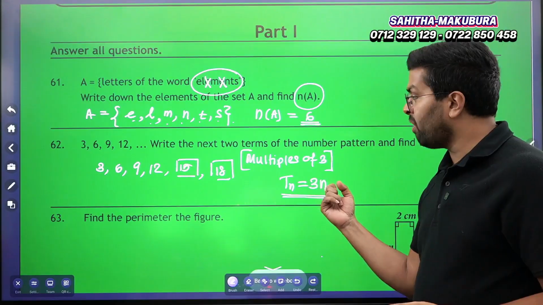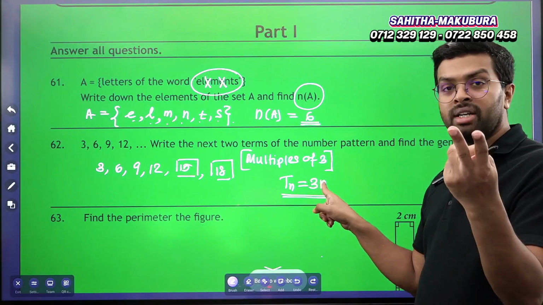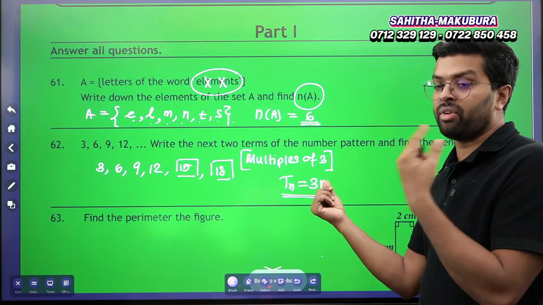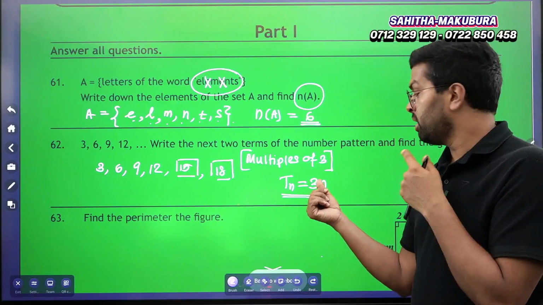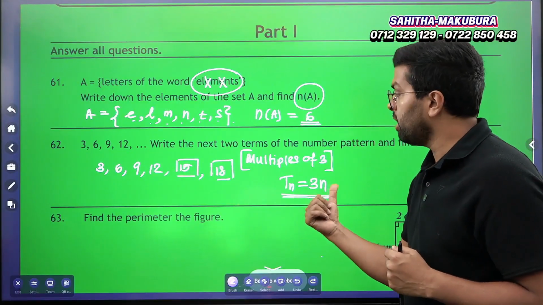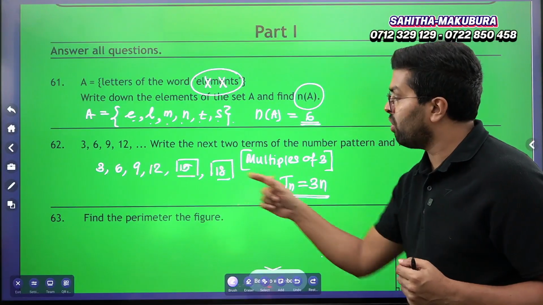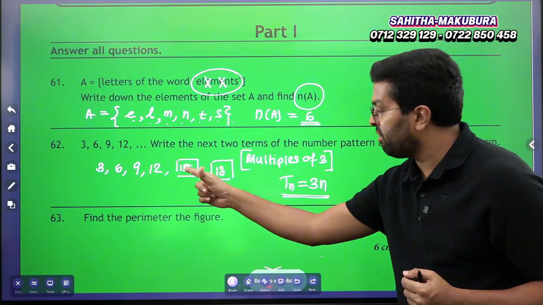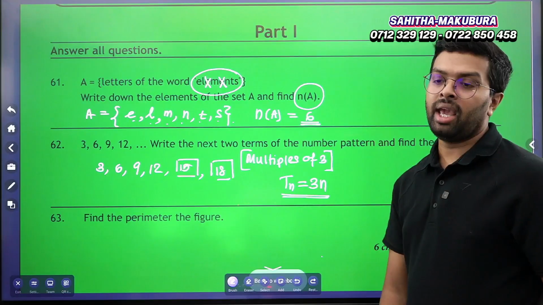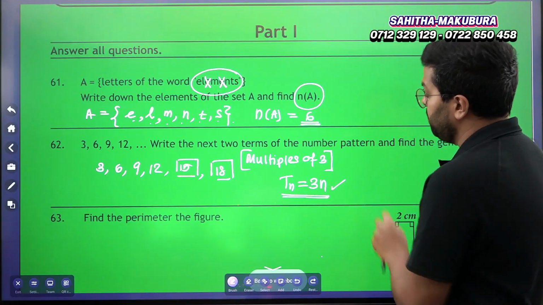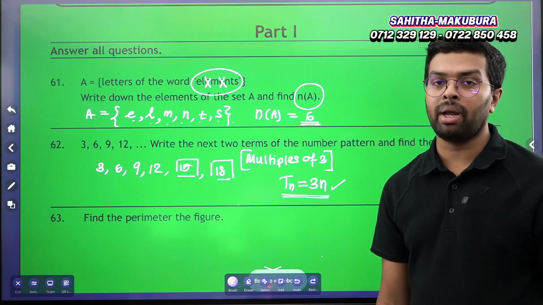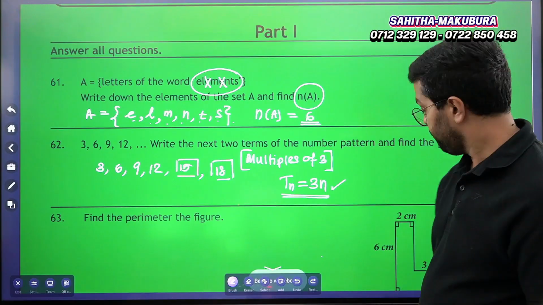So 3 times 1, 3. For the second term, substitute 2: 3 times 2, 6. 3 times 3, 9. 3 times 4, 12. 3 times 5, 15. 3 times 6, 18. So the general term of this number pattern is 3 times n.